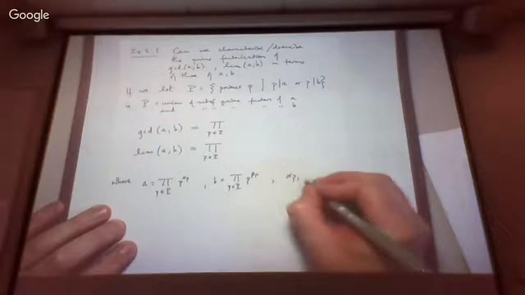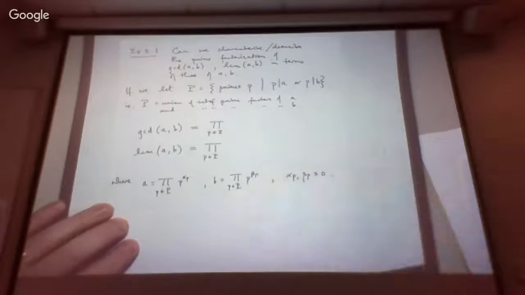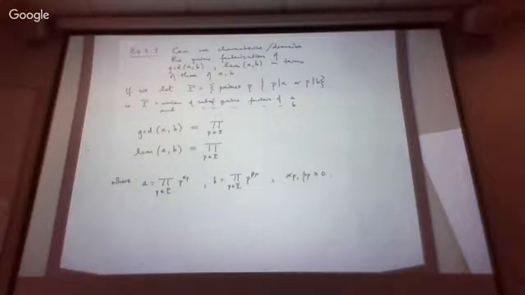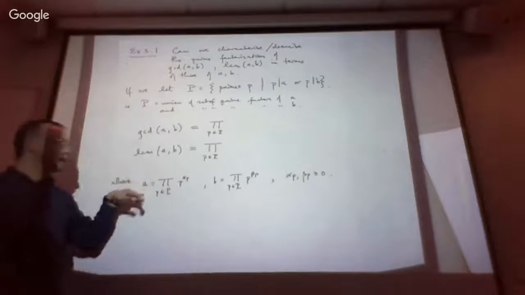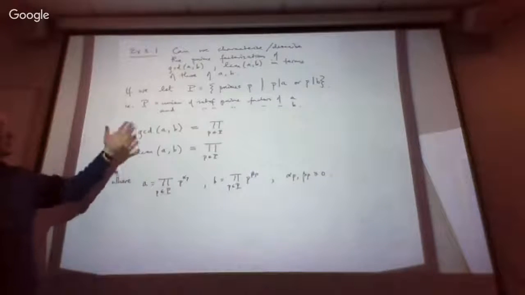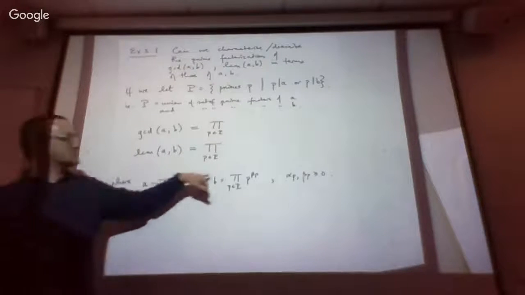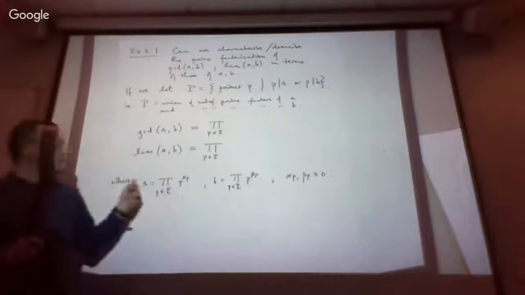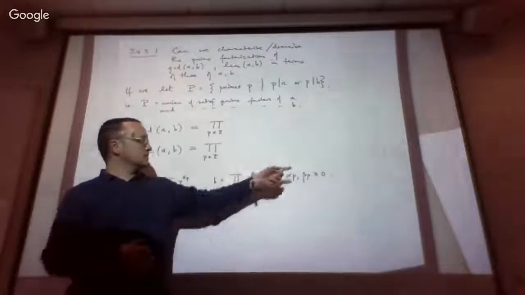So alpha p and beta sub p are allowed to be 0 now. Because some of the primes appearing in this set, capital P, some of them will be factors of a but not factors of b. And vice versa. Some of them will be factors of b but not factors of a. So I'm slightly adjusting these prime factorization formulae so that I can allow the powers to be 0.